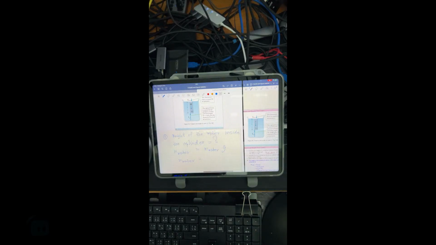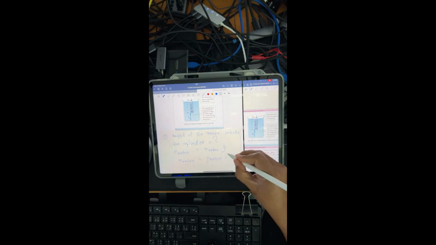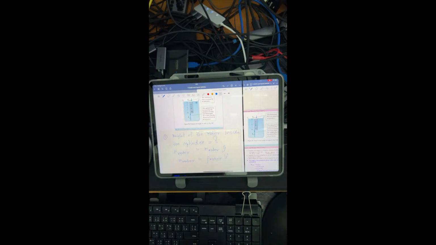From the relation, density is mass per volume. If we want to know the mass, it should be the product of density and volume. Mass of water is density of water times volume. Volume of this shape, which is a cylinder.